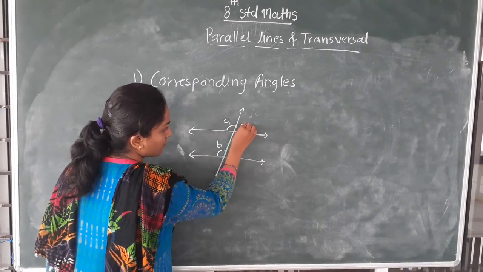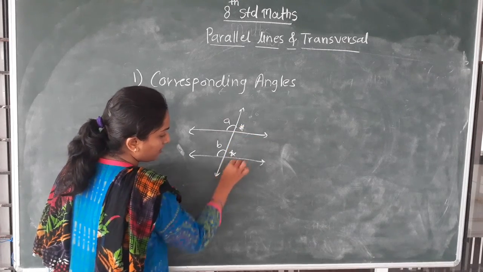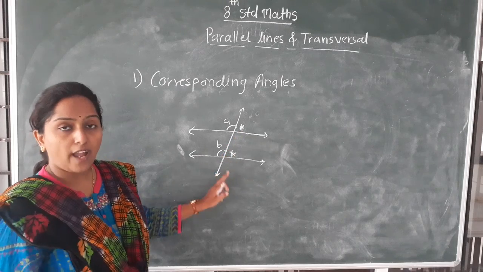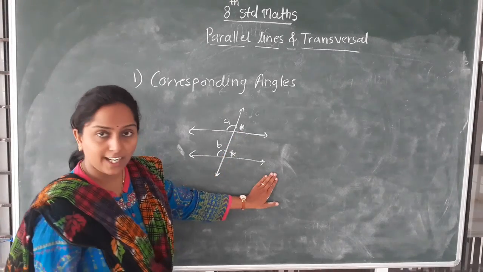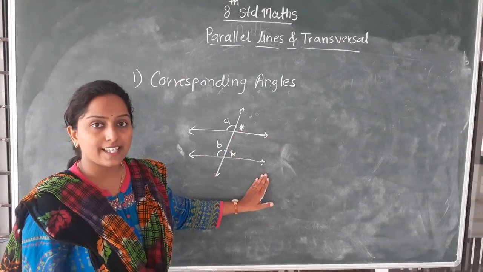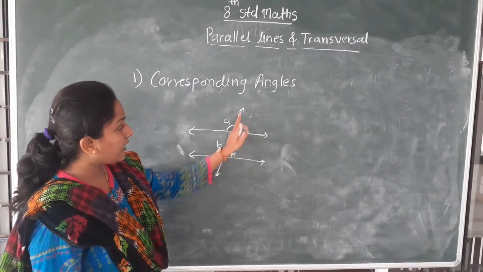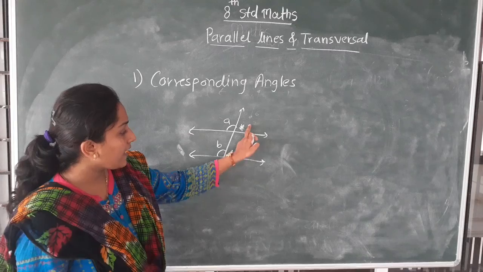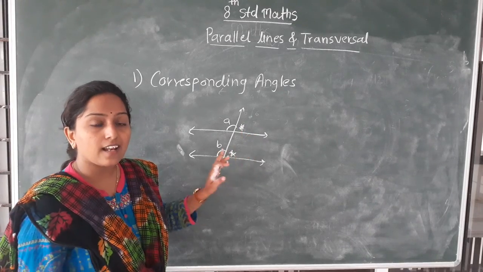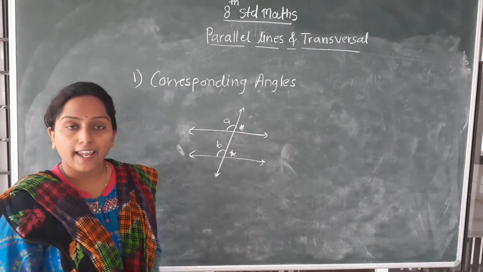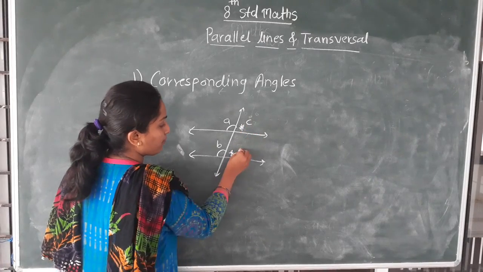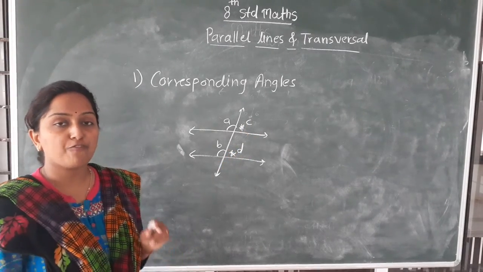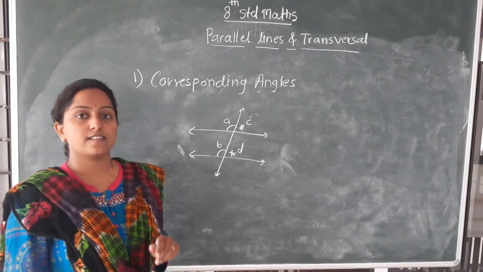Now suppose I take these angles. These two angles are on the same side of the transversal, and their arms are in the same direction. That's why these two angles are also corresponding angles. Angle C and D is the second pair of corresponding angles.